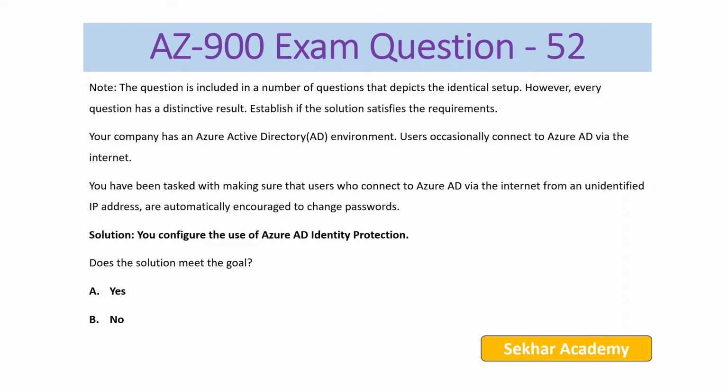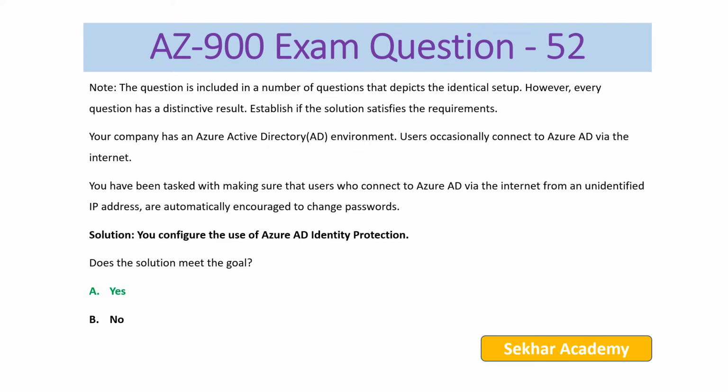Next question, AZ-900 exam question number 52. This question is the same. The provided solution is you configure the use of Azure AD Identity Protection. Does the solution meet the goal? So the right answer is option A, yes.